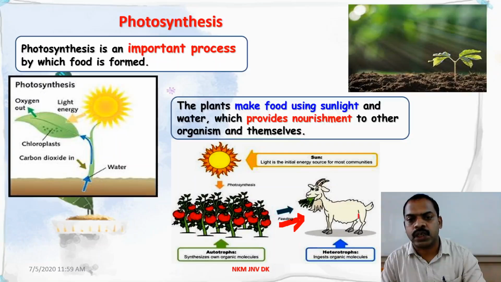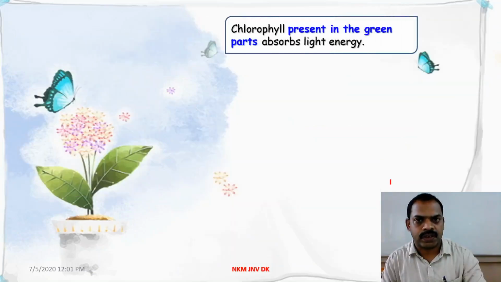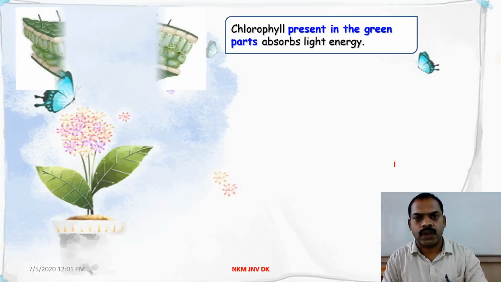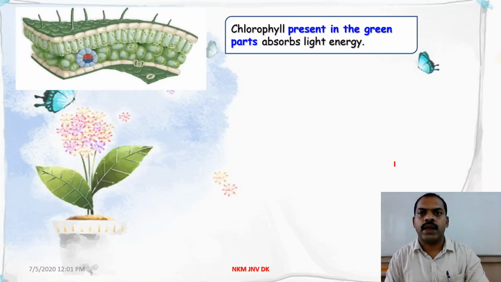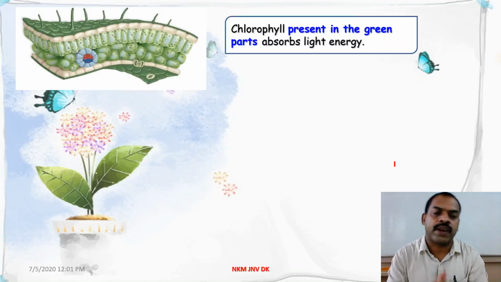These are heterotrophs. So that is about photosynthesis. Now we are going to see the basic steps of photosynthesis. First of all, chlorophyll is present in the green part. You know chlorophyll. Chloroplast and chlorophyll, there is a difference.